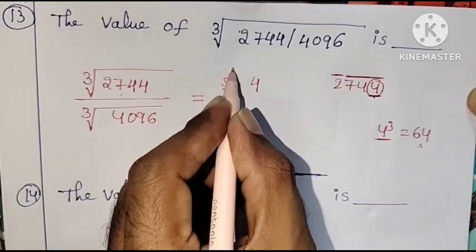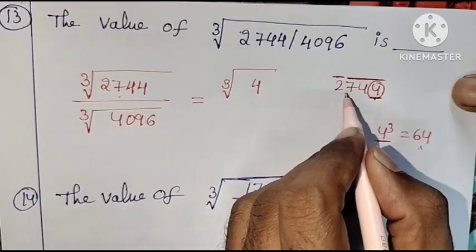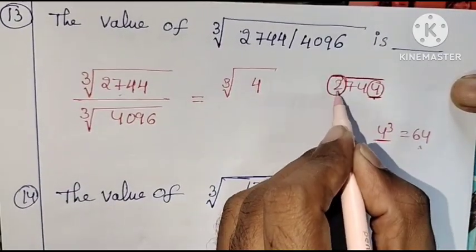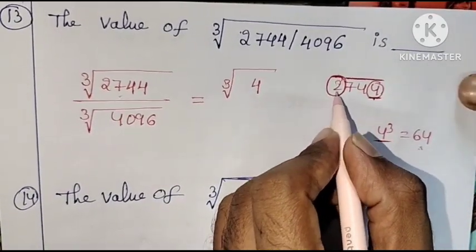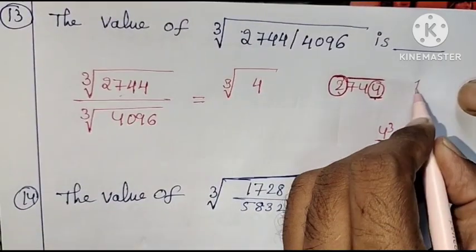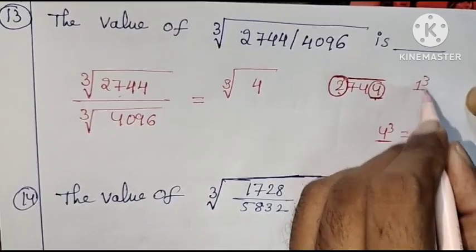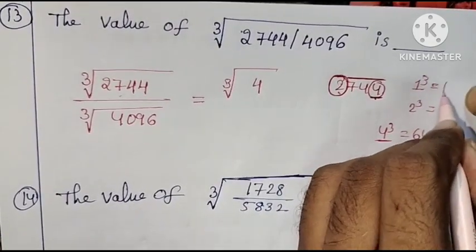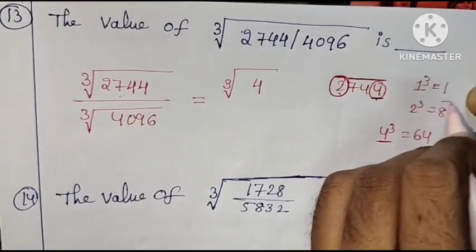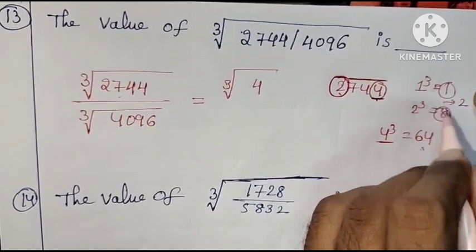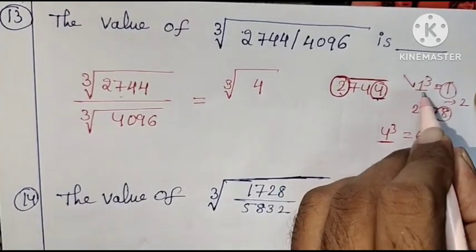Okay, next, the first digit is 2. So 2 lies between the perfect cubes 1 cube and 2 cube. 1 cube is 1, 2 cube is 8. So 2 lies between 1 and 8. The least number is 1.